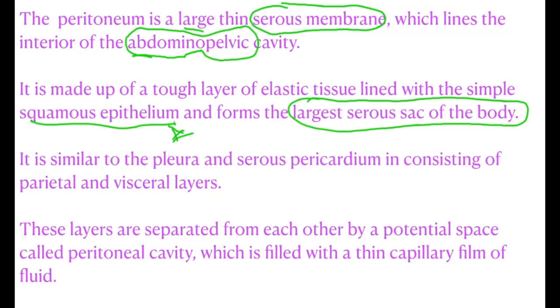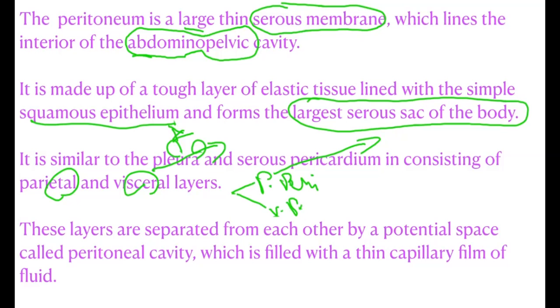Similar to the pleura and serous pericardium, which I hope you have already learned, consisting of parietal and visceral layers. So as there is parietal pleura and visceral pleura, there is parietal peritoneum and visceral peritoneum.